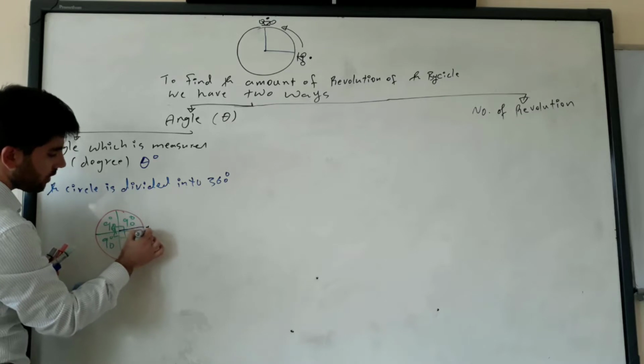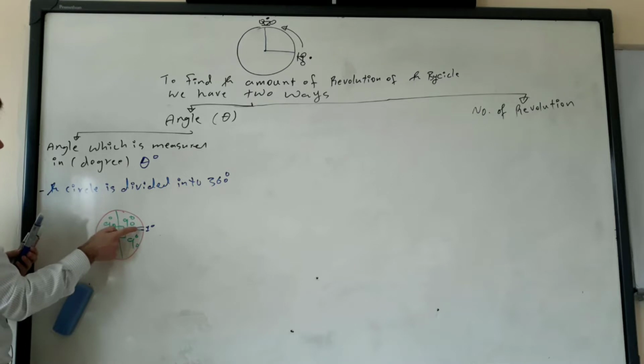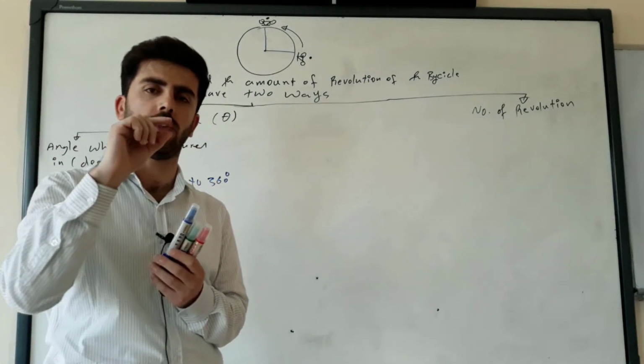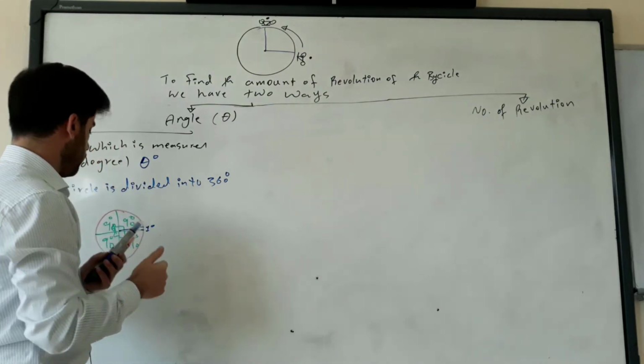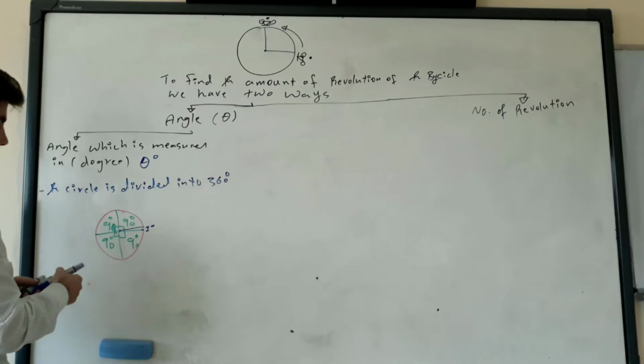If someone traveled 1 degree, this means that it has changed only a very short amount of distance from its initial position. So this is how we divide the circle into 360 degrees.